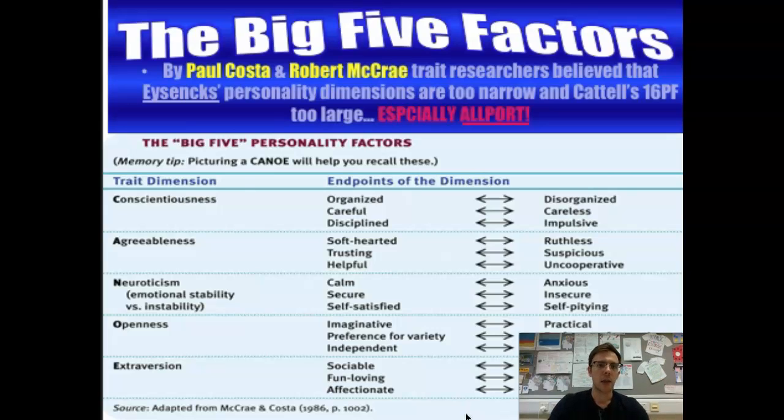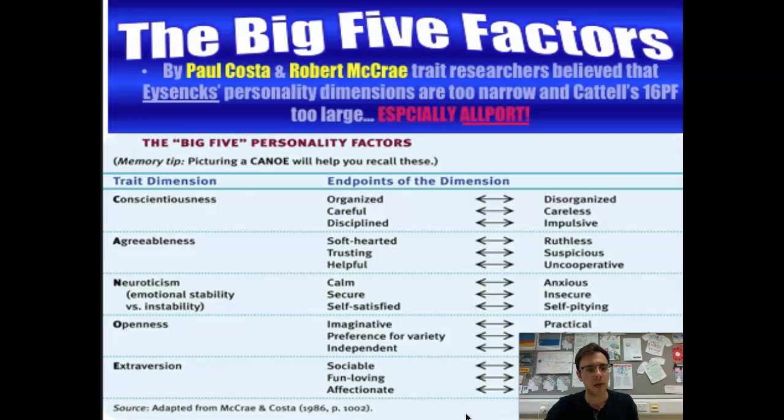So they decided that was too narrow, and then Allport, and also Raymond Cattell's 16 PF questionnaire, was too large, and so they came up with these 5 factors to explain personality, more so on a continuum scale than a categorical scale seen in the MBTI.